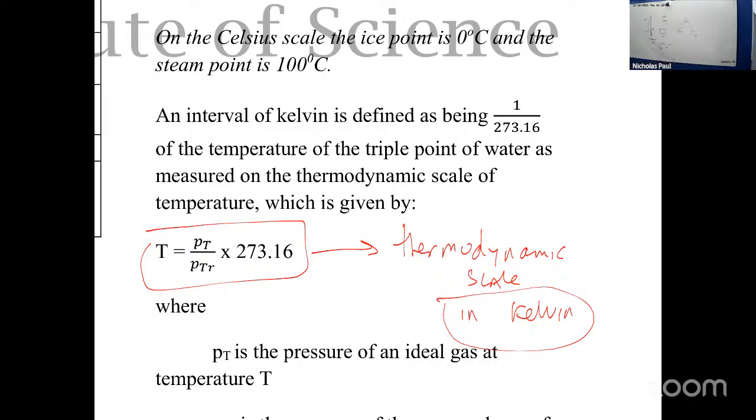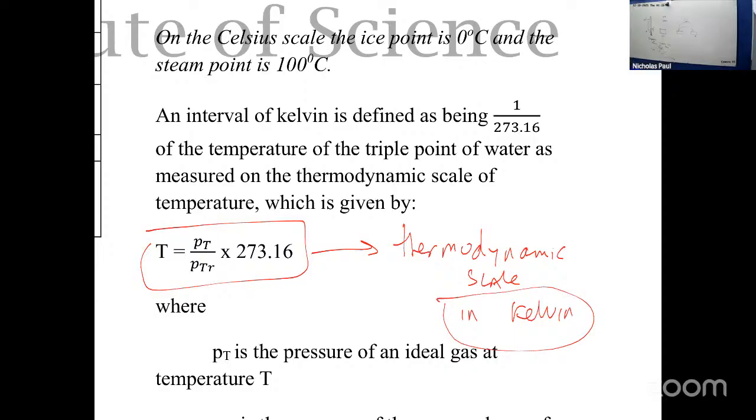Quick question: is this formula dependent on any thermometric property? What do you think? Wait a second, yes or no? Is it dependent on any thermometric property? No. All you're doing is just reading up the pressure at a particular temperature.